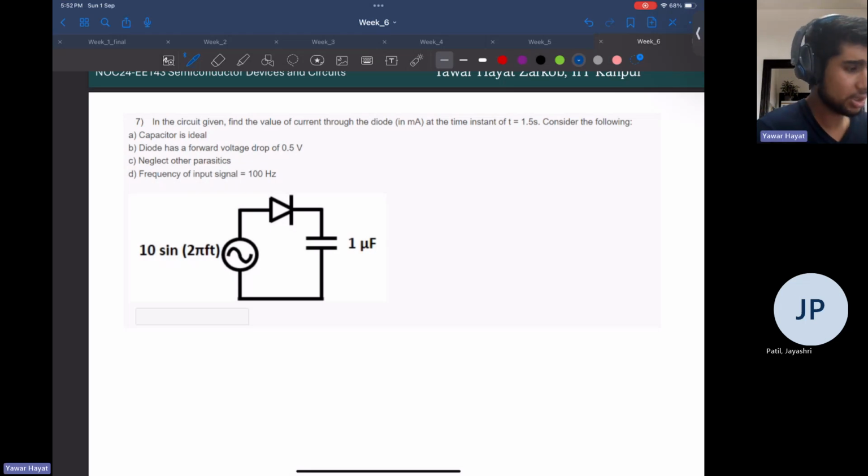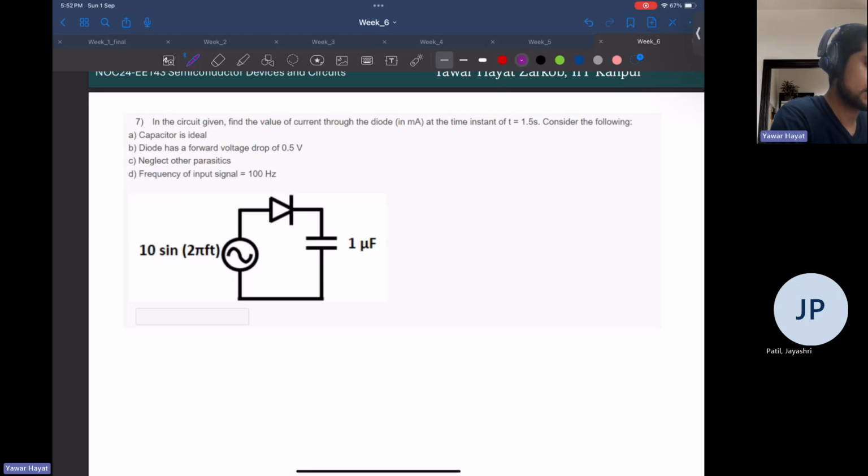The diode has a forward voltage drop of 0.5 volts. Neglect the other parasitics. The frequency of the input signal is 100 hertz, right? So what should be the answer? What would be the value of the current through the diode at the time instant of t equal to 1.5 seconds?